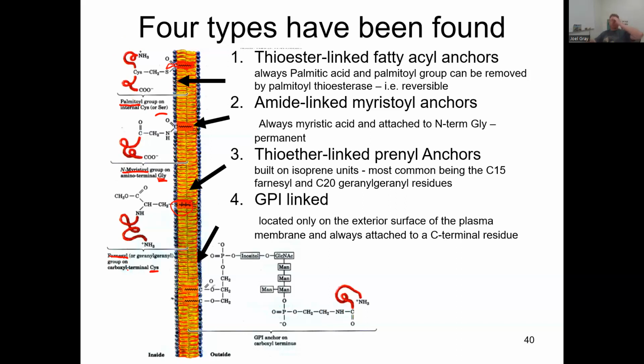How proteins can be associated with a membrane on the interior. Now, this is just kind of the tip of the iceberg, but these associations are really important because these associations get proteins where they need to be in some instances.